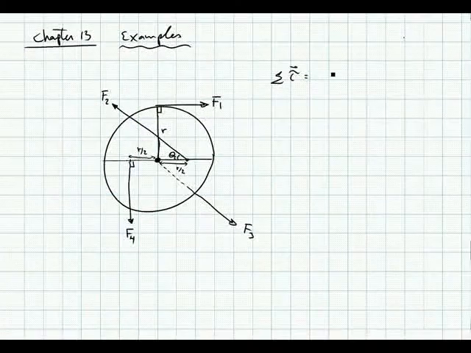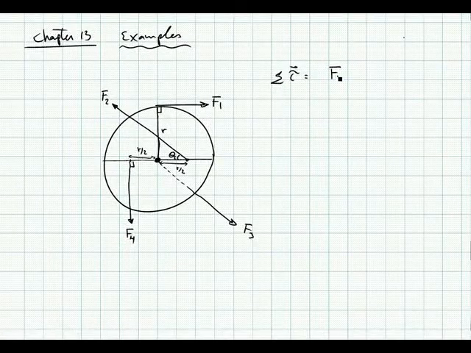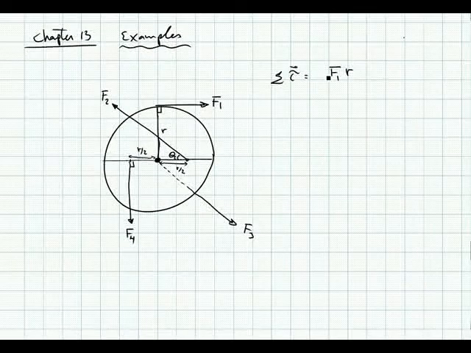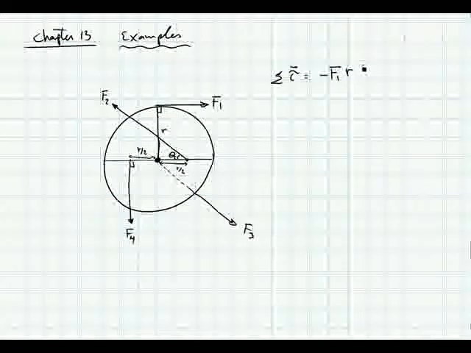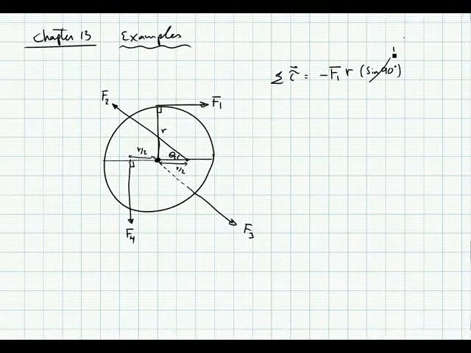So torque due to F1 is F1 multiplied by its moment arm R, and it's a negative torque because acting alone it would cause a clockwise rotation, and since the angle is 90, for the sake of completeness I can write sine 90, of course, which is 1.